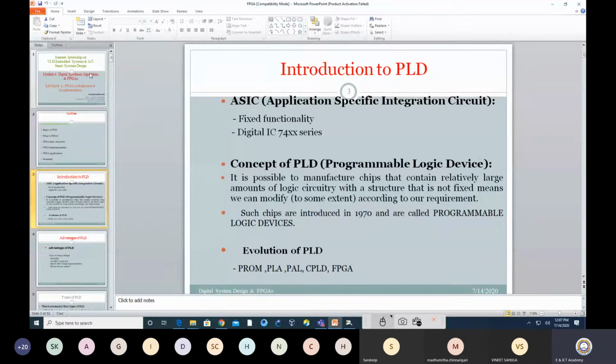So 7486, if I use it today, maybe 2 days later, or maybe after years also, it will give you the same functionality. That is a fixed functionality IC that we term as ASIC. It is designed for a specific functionality, and all the time we will get only that functionality from those ICs.